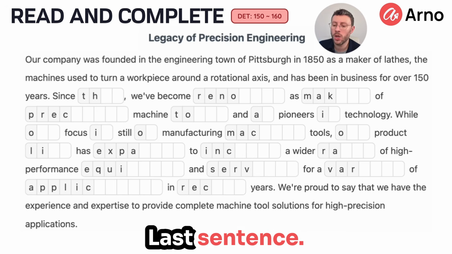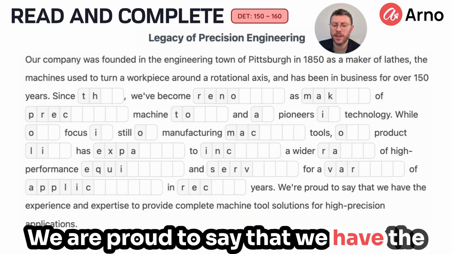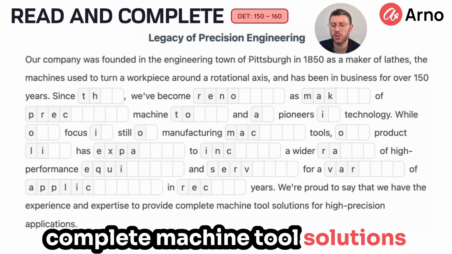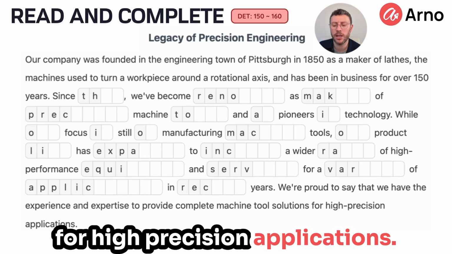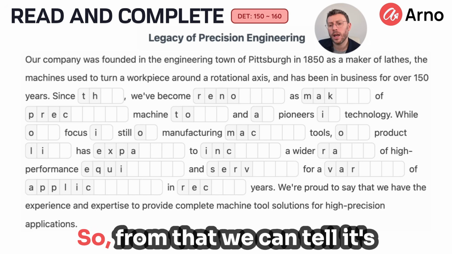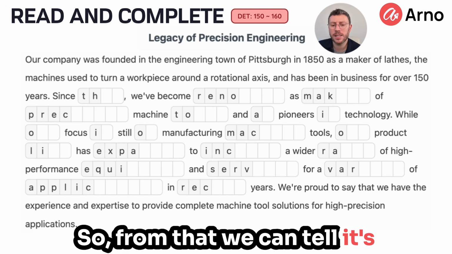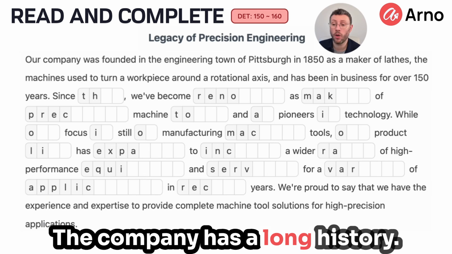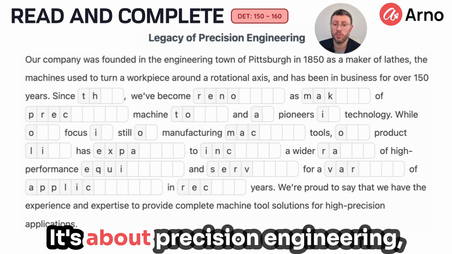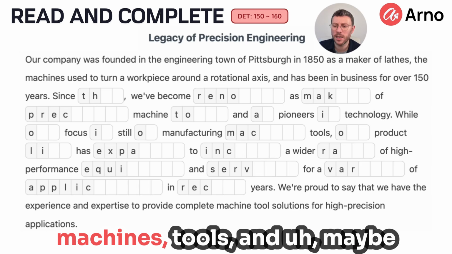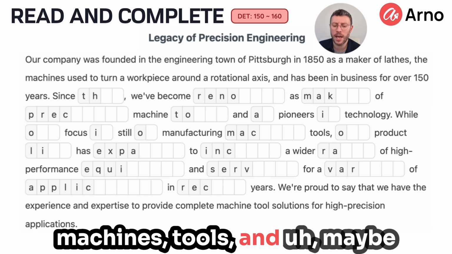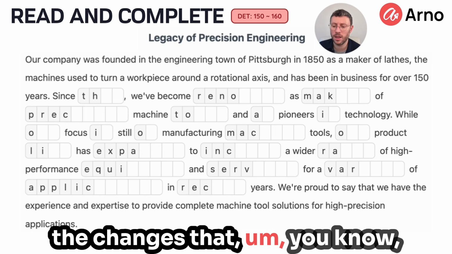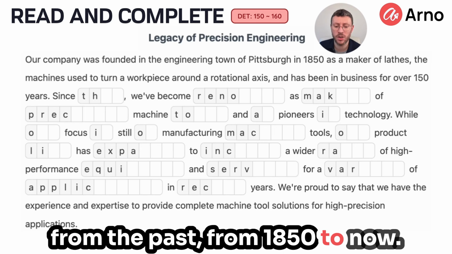Last sentence: We're proud to say that we have the experience and expertise to provide complete machine tool solutions for high precision applications. So from that, we can tell it's about a company. The company has a long history. It's about precision engineering, machines, tools, and maybe the changes from 1850 to now.